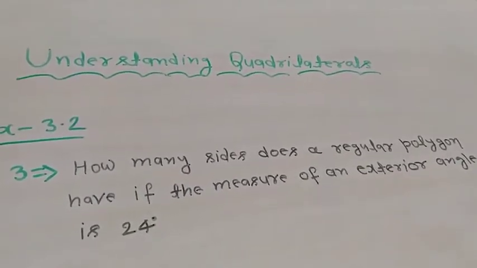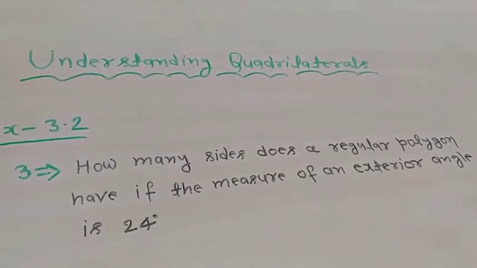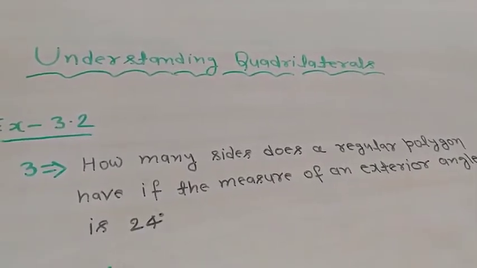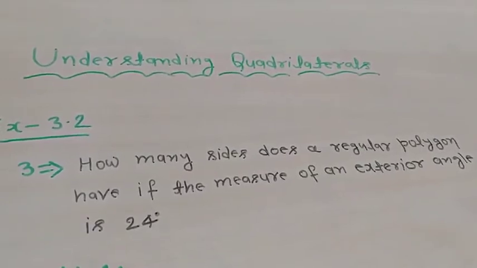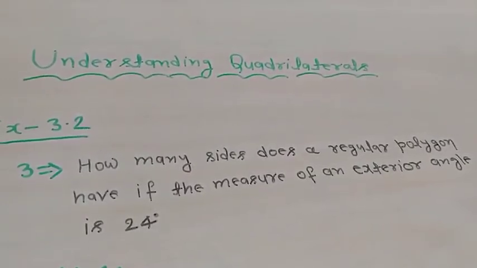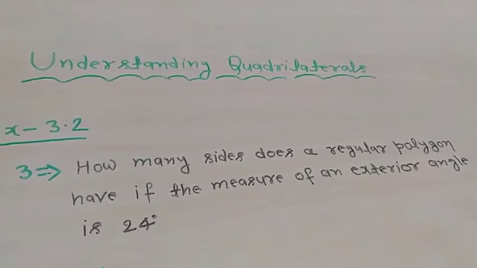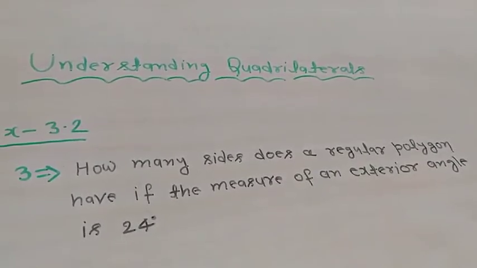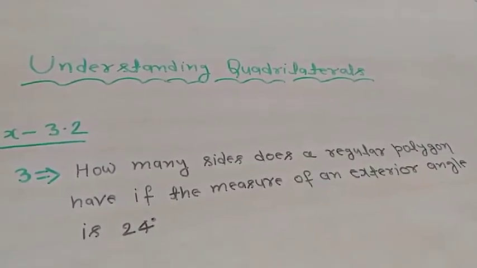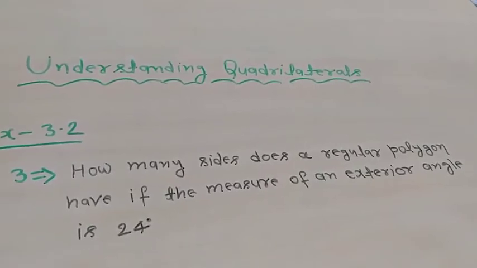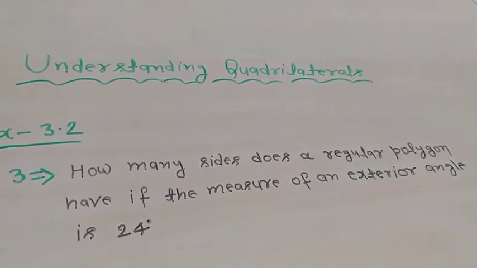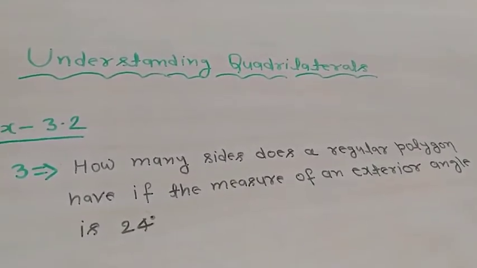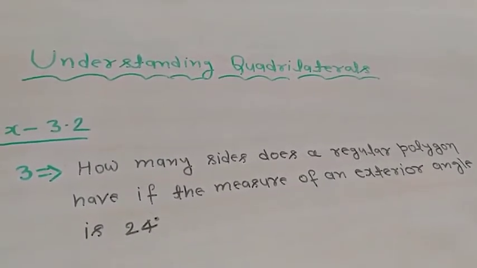So here exterior angle is given, 24 degree. Okay, so we use the formula number of sides is equal to 360 degree divided by exterior angle, and the exterior angle is given 24 degree. Let's see how to solve this question number 3.